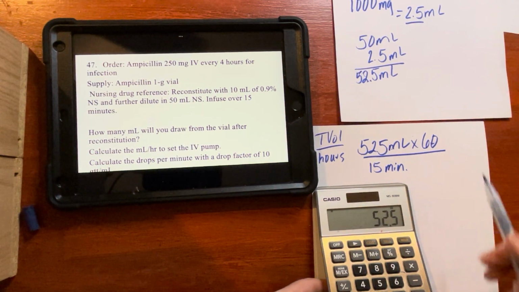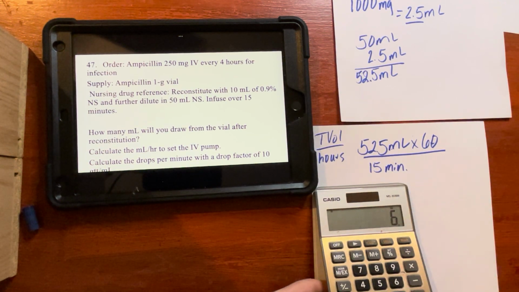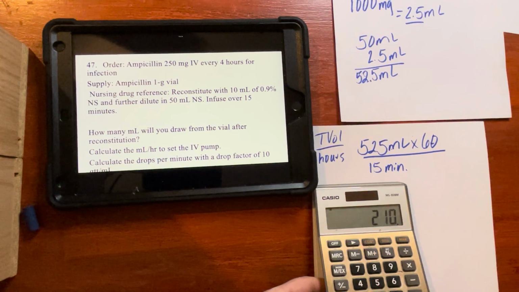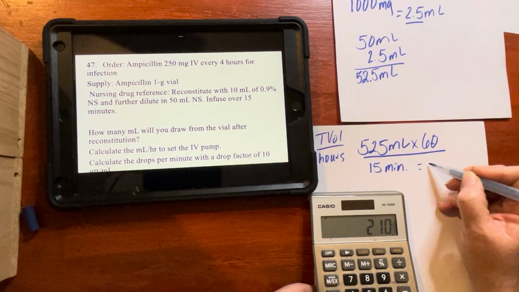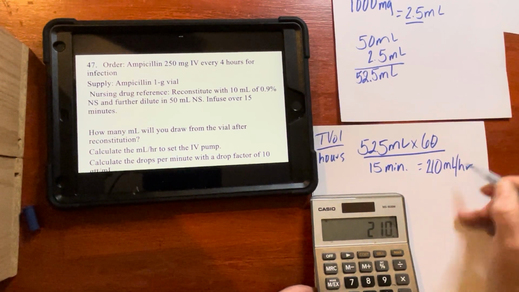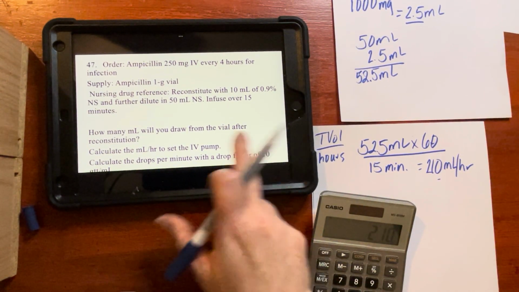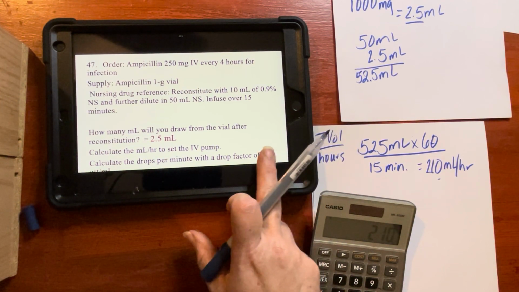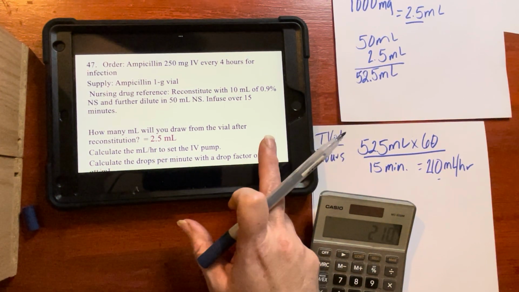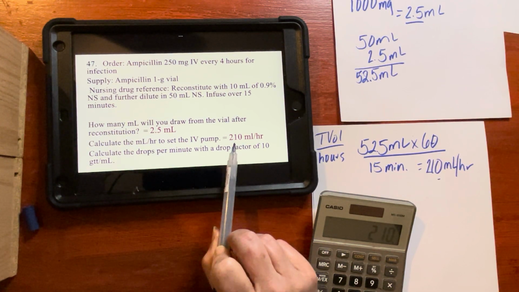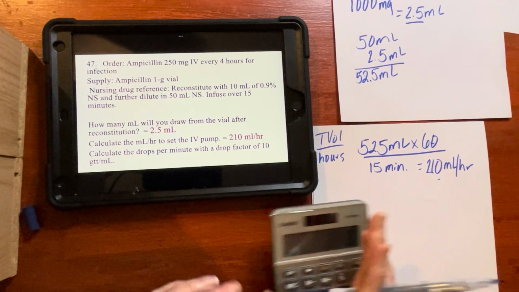But anyway, 52.5 times 60, divided by 15 equals 210 milliliters per hour. We pulled out 2.5, and then to do milliliters per hour, it would be 210 milliliters per hour.